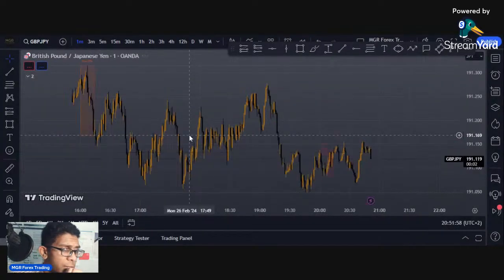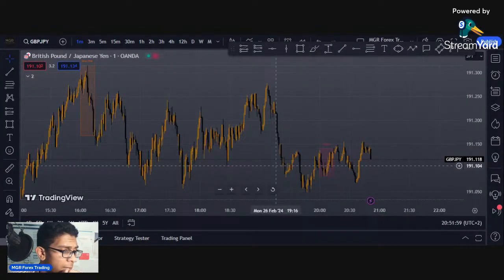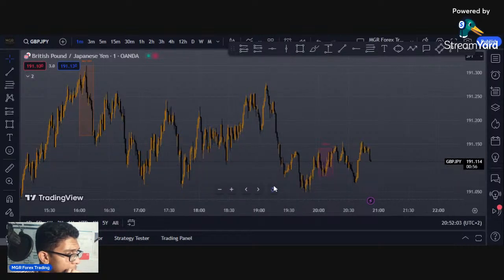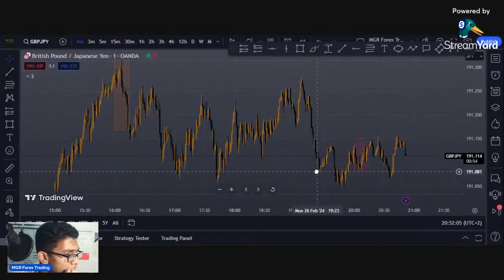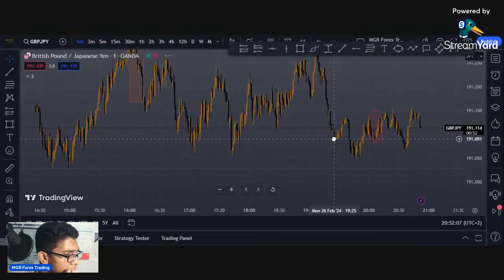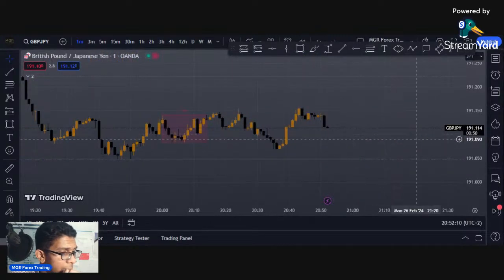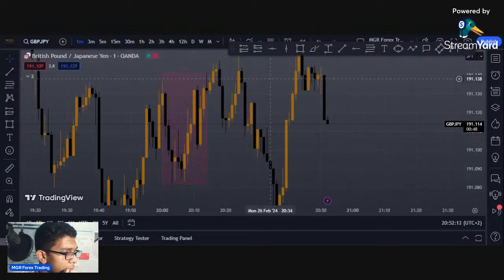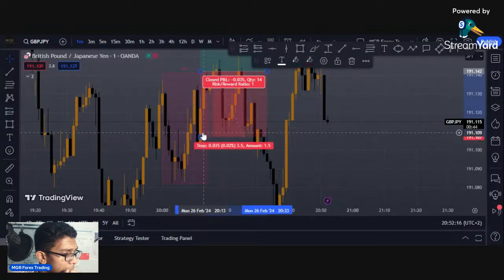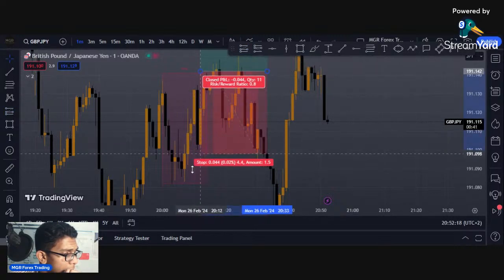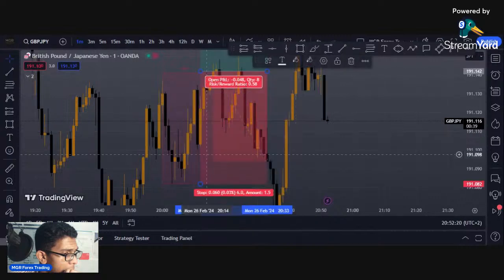But okay, so aside from that, I'm just looking at a few other pairs that we can find ourselves trading. GBP JPY, we all love this pair. But it appears that even as much as we love it, we would have hit a beautiful stop loss on this pair. As you can see over here, I'm just going to move my stop loss there.